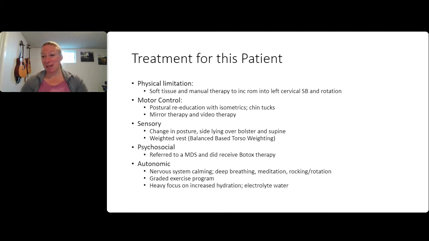Then we tried to time that, or continue that, as he got Botox therapy. Botox can take about 4 to 6 weeks to reach its peak effect. So as we worked with his movement disorder specialist, we tried to time our intervention to really hit that hard at his peak timing. So instead of maybe seeing him once a week, we tried to get him in 2 or 3 times a week, as well as implement an even more aggressive home program. But with some of his barriers and personal limitations, that was really hard.